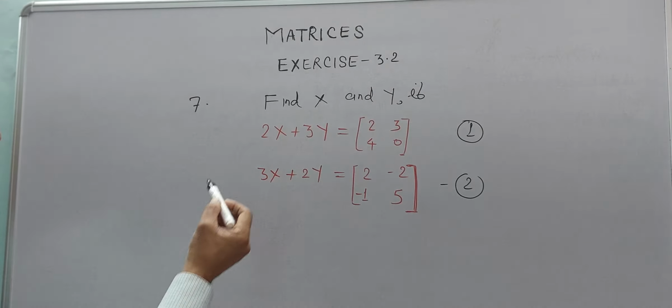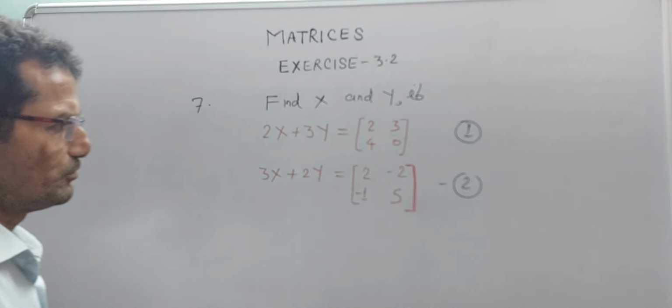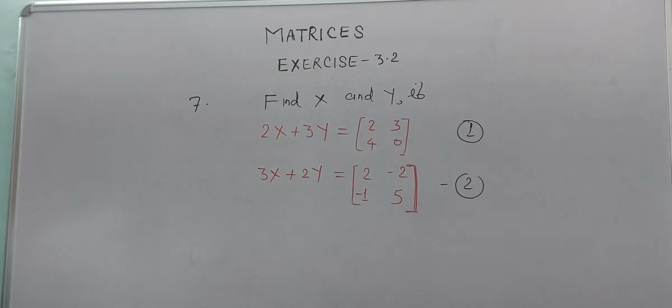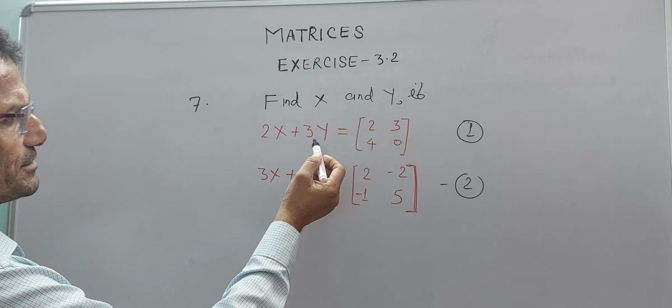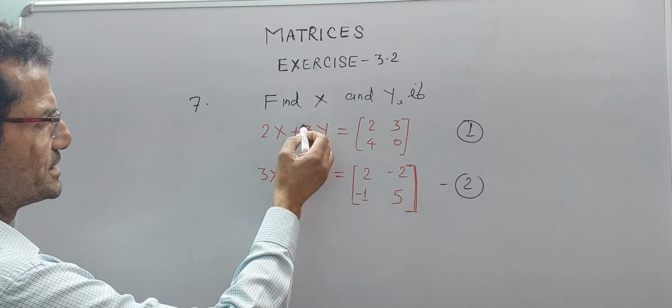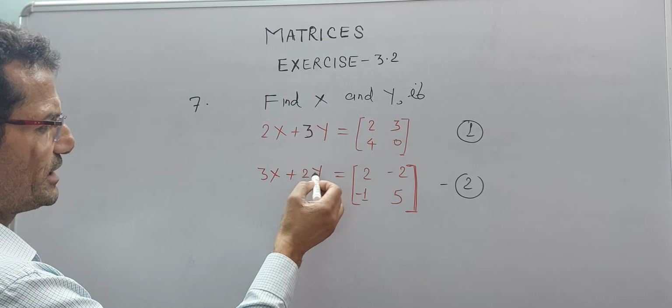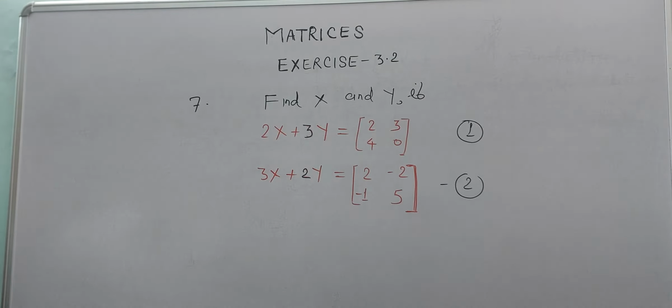So we can remove either y or x first. If I remove y, we have to make the coefficient of y the same in both cases. Here the coefficient of y is 3 and here the coefficient of y is 2. So the LCM of 3 and 2 is 6.